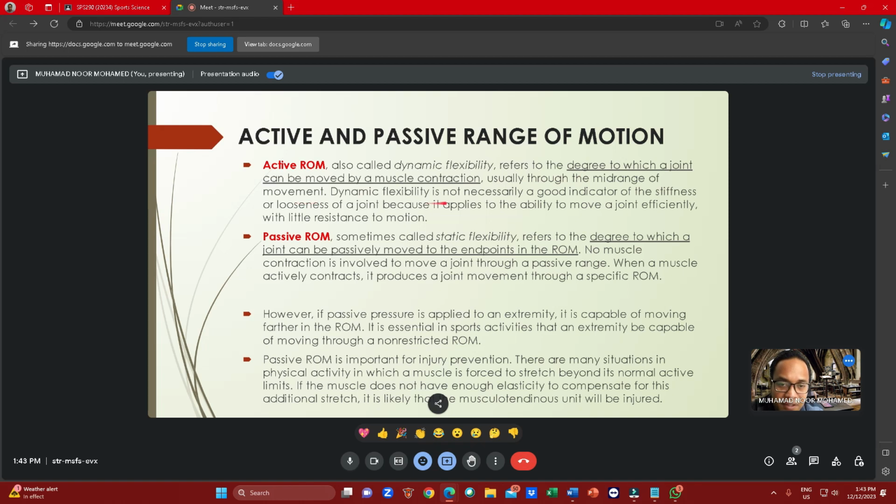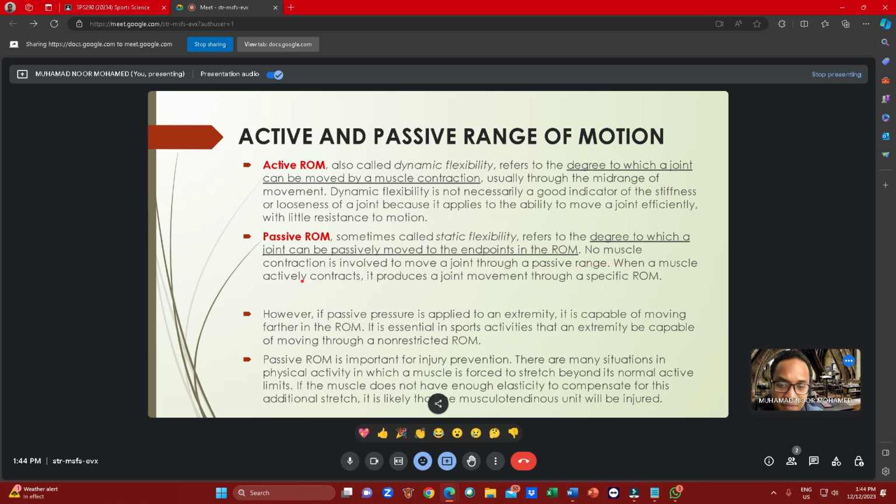Dynamic flexibility is not necessarily a good indicator of the stiffness or looseness of a joint because it applies to the ability to move a joint efficiently with little resistance to motion. Passive range of motion, sometimes called static flexibility, refers to the degree to which a joint can be passively moved to the endpoint in the range of motion. No muscle contraction is involved to move a joint through a passive range.